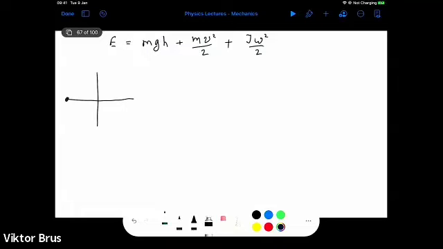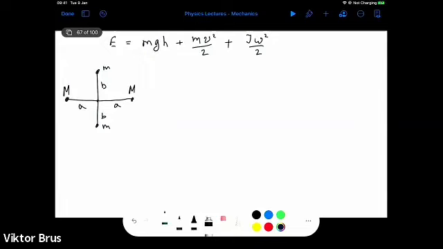Then we have two masses, capital M, and two masses, oh sorry, just m. So we have here distance a and another a, so they're symmetric, and here b and b. So we neglect the size of these bodies with masses m and capital M in comparison to these distances.